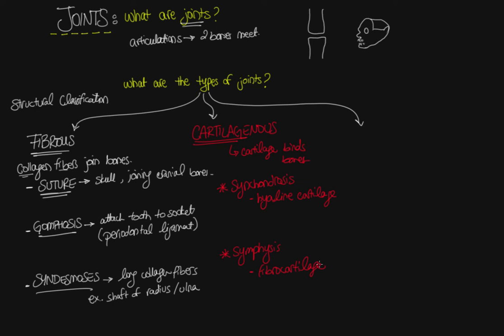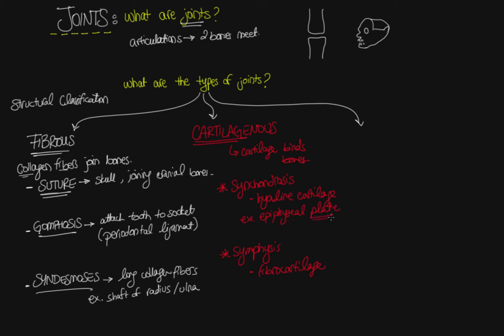And just to give you some examples of location, synchondrosis joints, one example would be at the epiphyseal plate. And this is the cartilage tissue that is located at the ends of the long bone to indicate the location of growth of the bone in length.